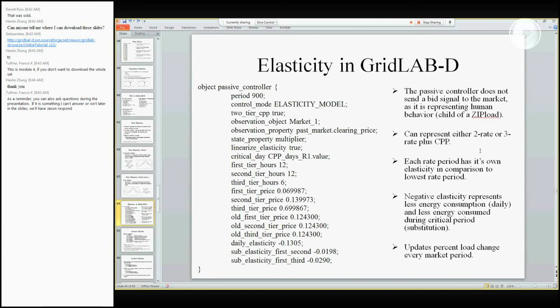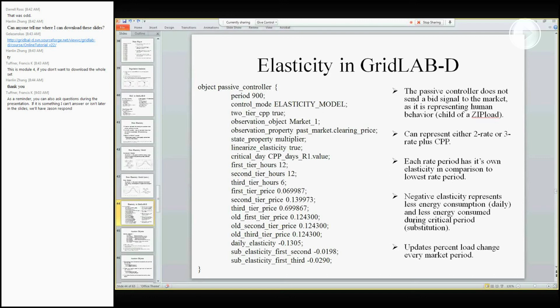So basically, if you're looking at these different elasticities between different price levels, then it's always going to be based towards what that lowest price is in your system. Just the kind of units here, negative elasticity represents less energy consumption, either during the entire day for daily or during the critical price period for your substitution elasticity.